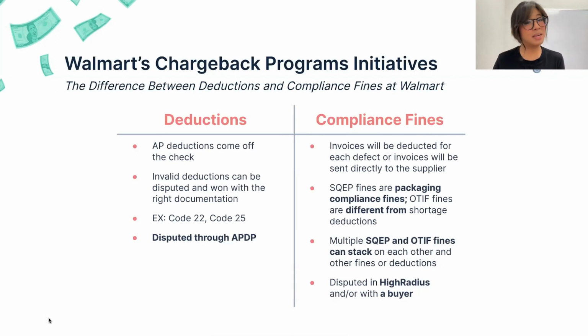Second thing to think about, EBS is Walmart's Enterprise Business Solutions team. They're actually Walmart's internal finance team. And I think, Melody, we can share that contact information in the chat. EBS is a really great resource if, again, you're not getting the information that you need. They can really override whatever the auditing party is saying.